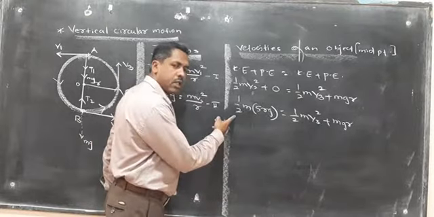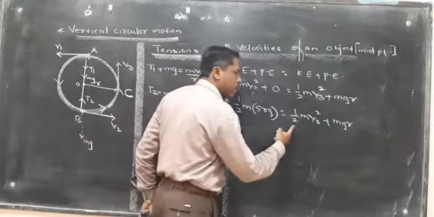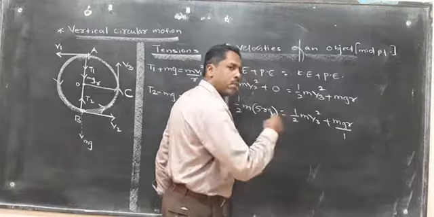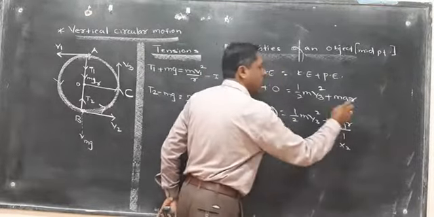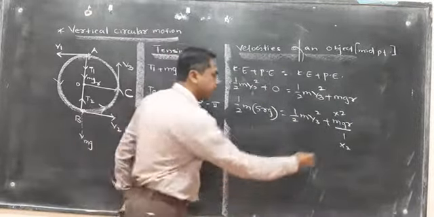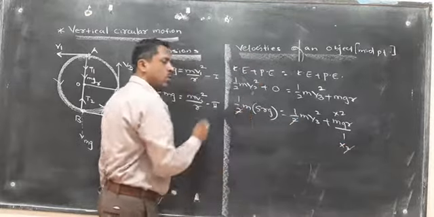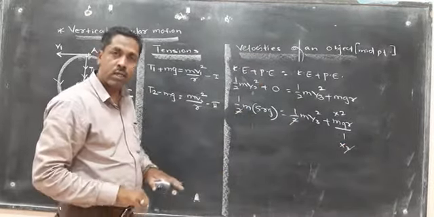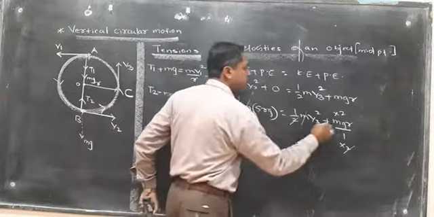Initially, at the denominator nothing is there, so for balancing, multiply by 2 to numerator and denominator. What happens? 2 gets cancelled out on both sides. m also gets cancelled.